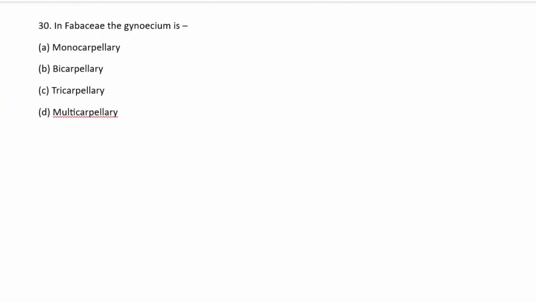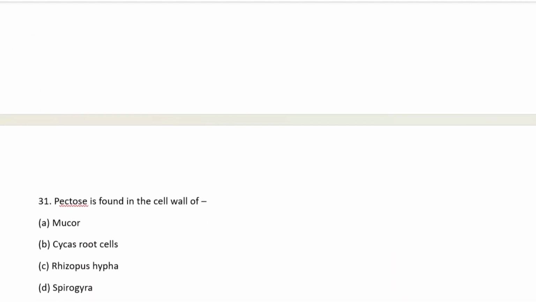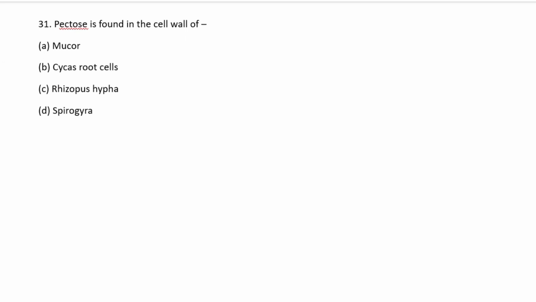In Fabaceae, the gynoecium is monocarpellary. Option A is the right answer for question number 30. Moving on to the next question, question number 31. Pectose is found in the cell wall of. So pectose is found in option number D, Spirogyra.